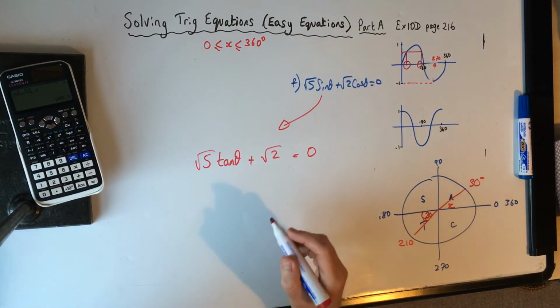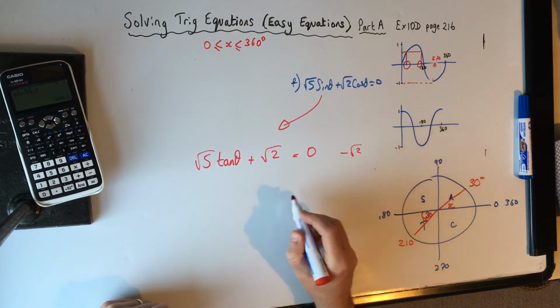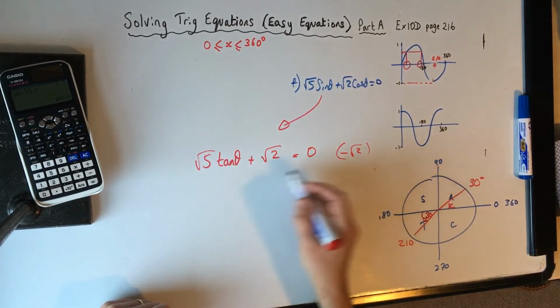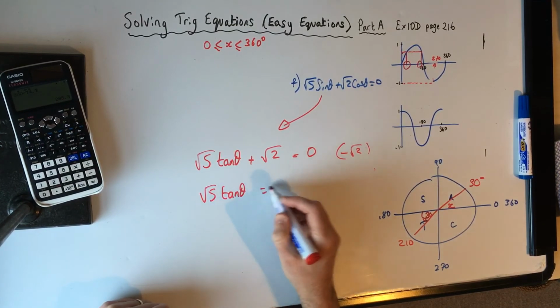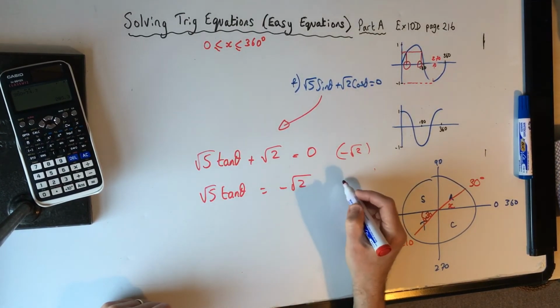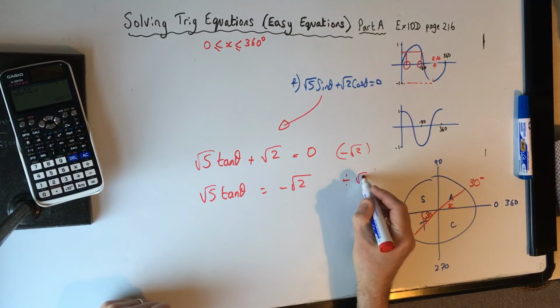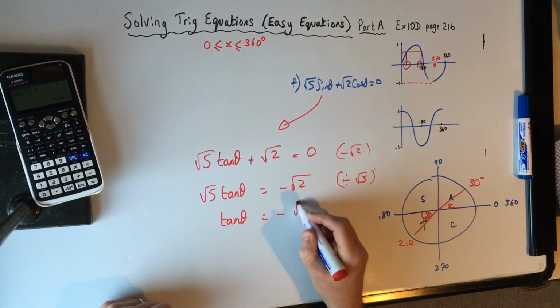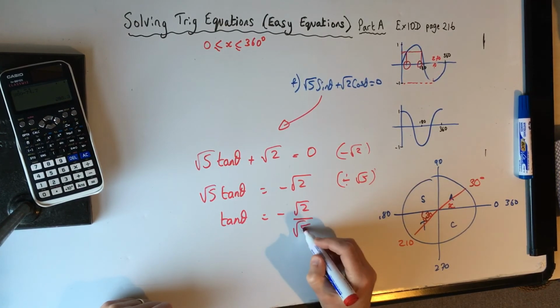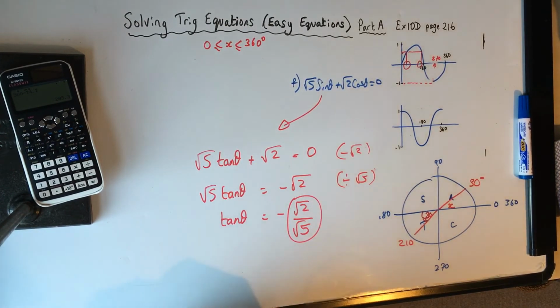Okay, now I'm not going to go through this one because it's just the same as before, but I'm going to take off √2 from both sides, so I get √5 tan theta is equal to minus √2, and I'm going to divide by √5 both sides, so tan theta now on its own is minus √2/√5. This is just a fraction, isn't it?